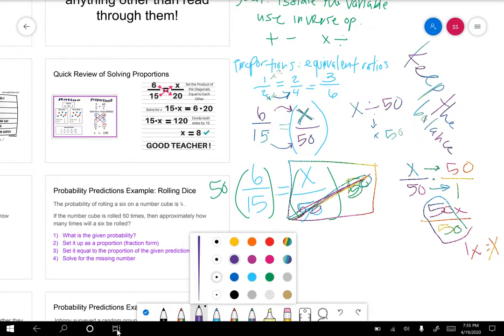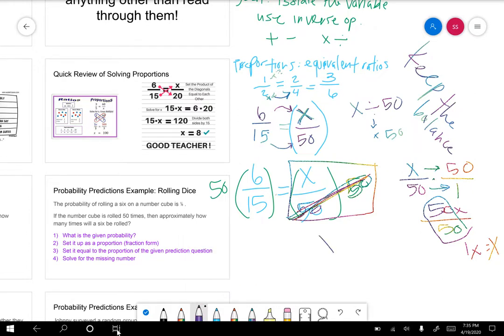And let's use purple. Okay. So we're left with x on this side. Now over here we have 50 times 6 over 15, right? And we can do the same thing, put 50 over 1 and then multiply across, divide to simplify. You can also just on your calculator do 6 divided by 15, right?